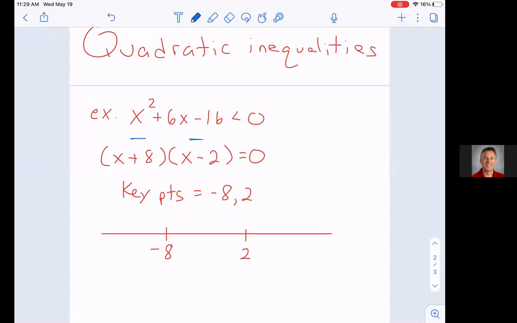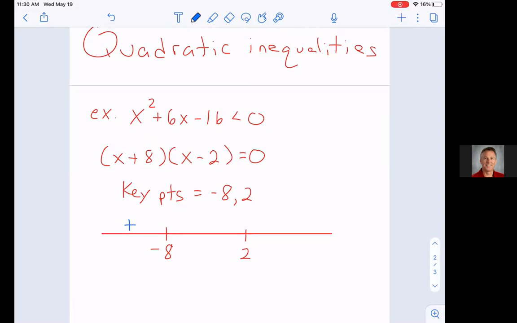And a negative times a negative is a positive. So that means that everything in that region is going to give me positive answers. The reason why that's significant is because positive numbers are bigger than 0. That's actually not going to be my solution set because I want stuff that's less than 0. So I know that that's going to be positive, anything to the left of that -8.